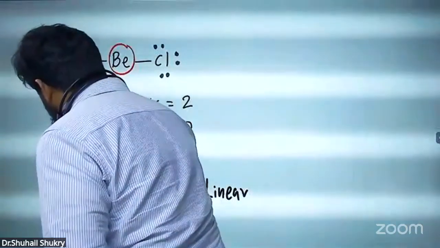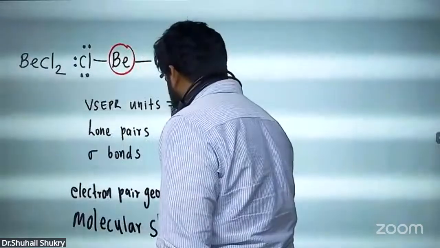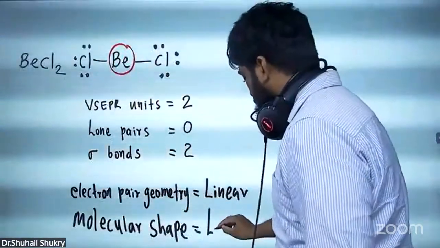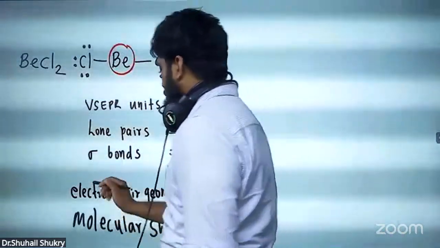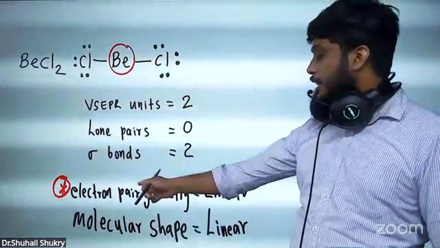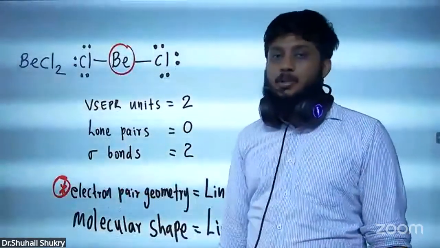Final one, molecular shape. What is the molecular shape? Linear, because only 2 sigma bonds are there. Remember, this electron pair geometry step is not needed when they ask to deduce the shape, but you should know what electron pair geometry is.